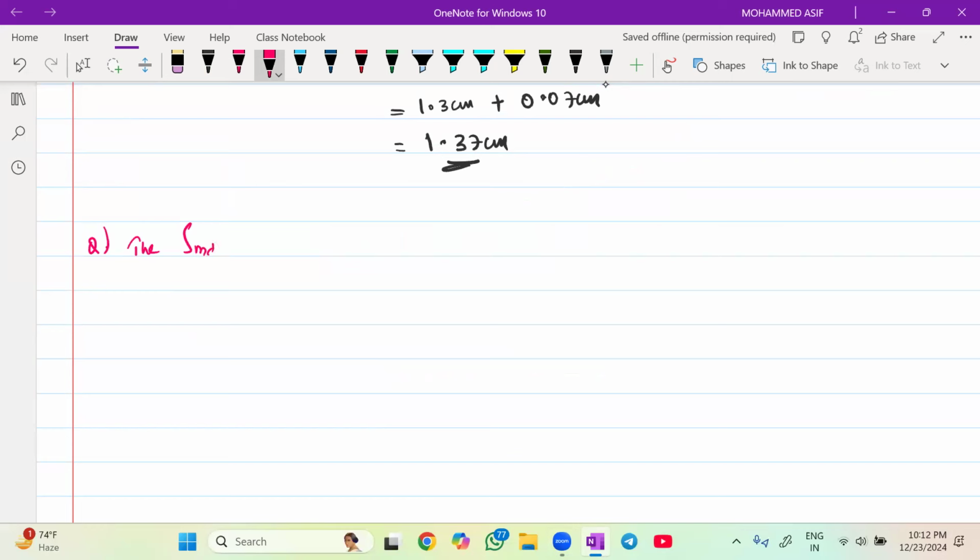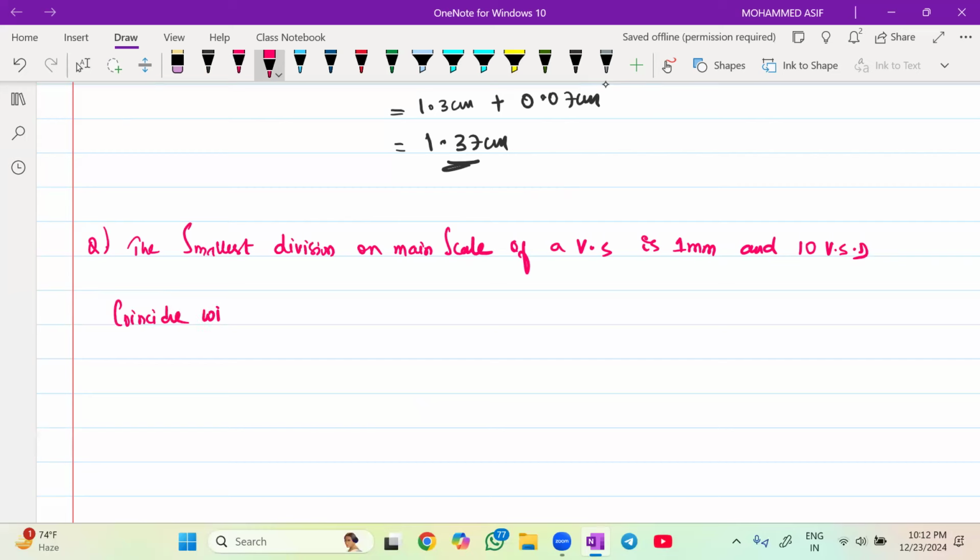The smallest division on the main scale of a Vernier scale is 1 mm, and 10 Vernier scale divisions coincide with 9 main scale divisions.